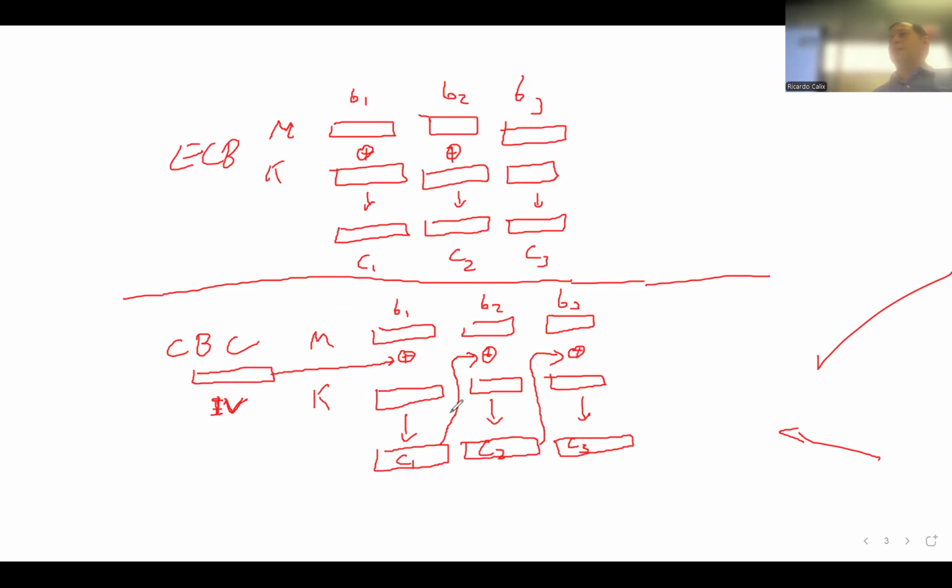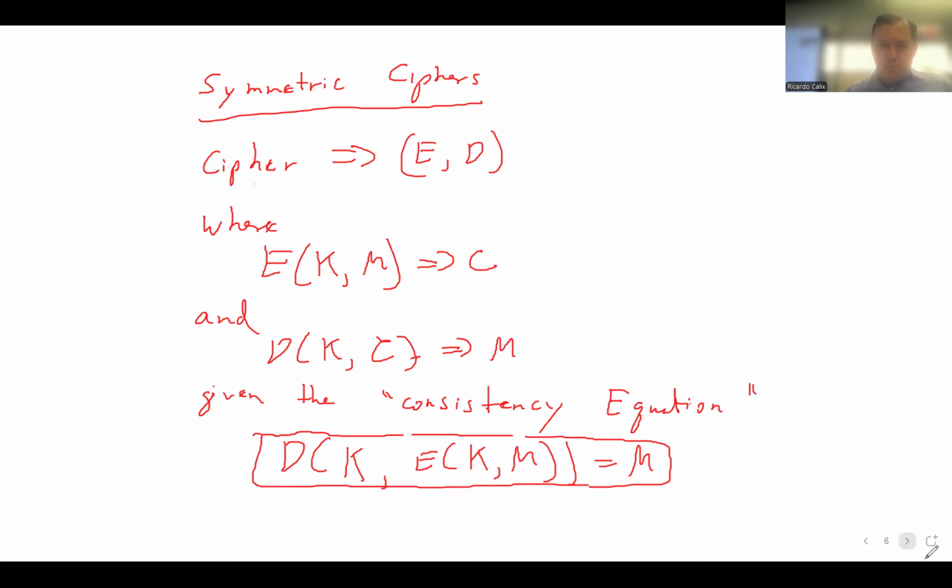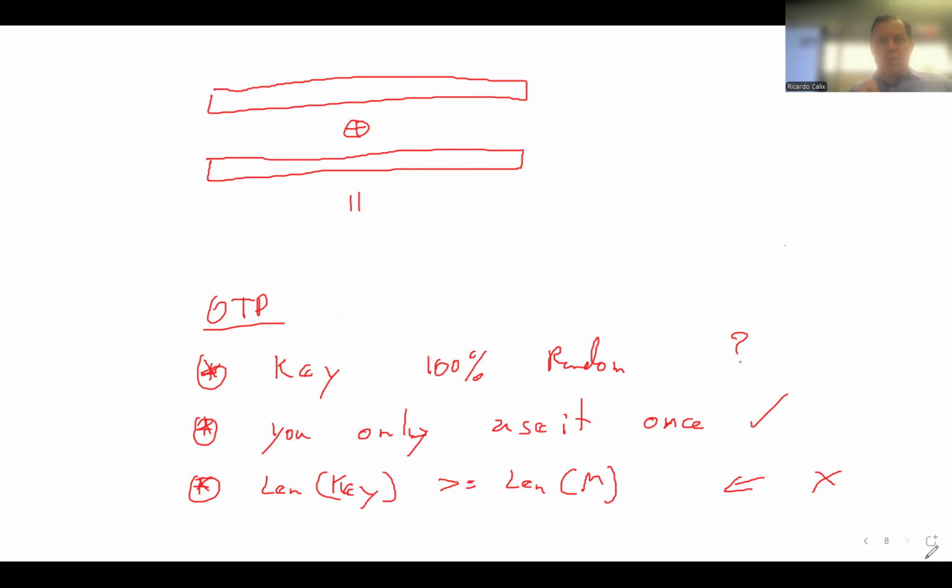Any other questions, guys? So this is the starting point. If you want to ask what is perfect secrecy, Claude Shannon concluded the OTP, the one-time pad, achieves perfect secrecy as long as it meets these conditions.